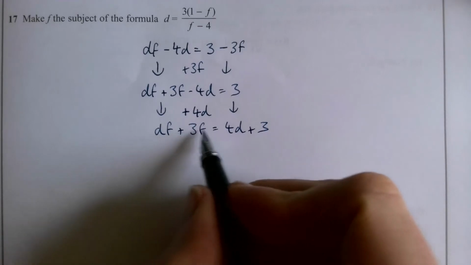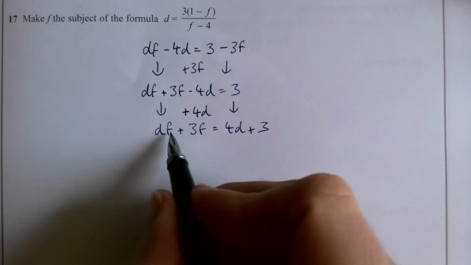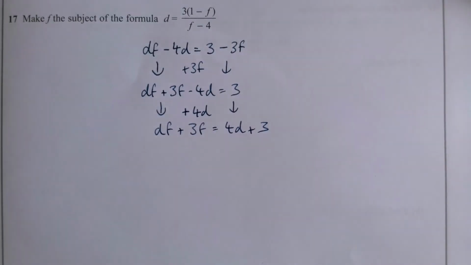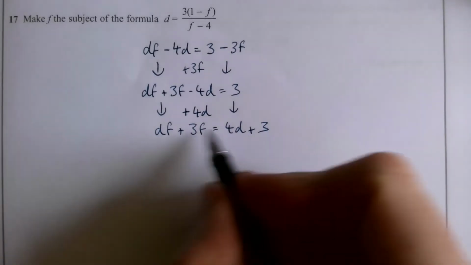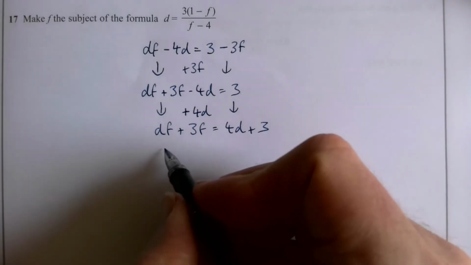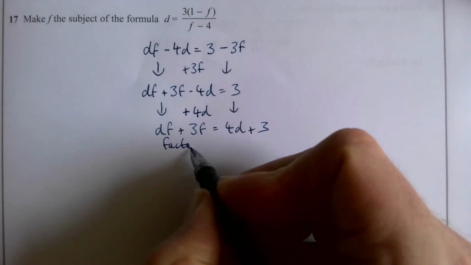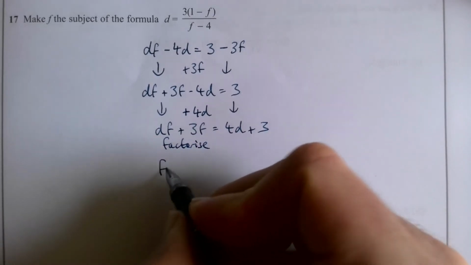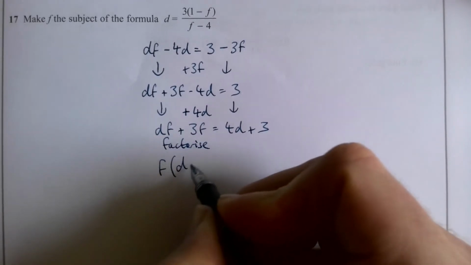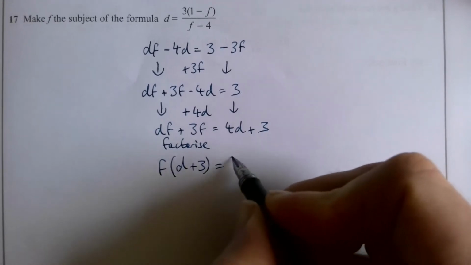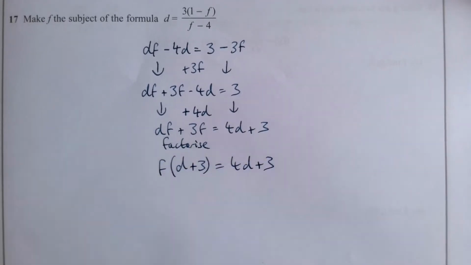Now I'm going to factorise this, because at the moment I've got 2 f's. I don't want 2 f's, I want an f on its own. So if I factorise, that's going to give me f with d plus 3 in the bracket equals 4d plus 3.